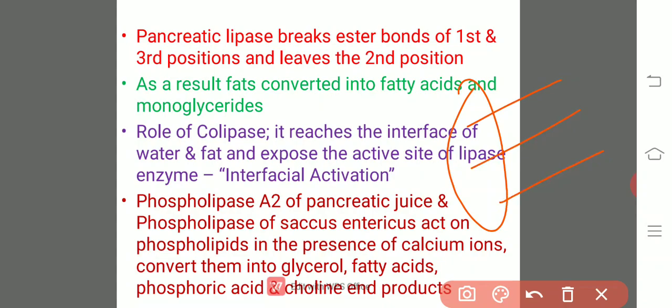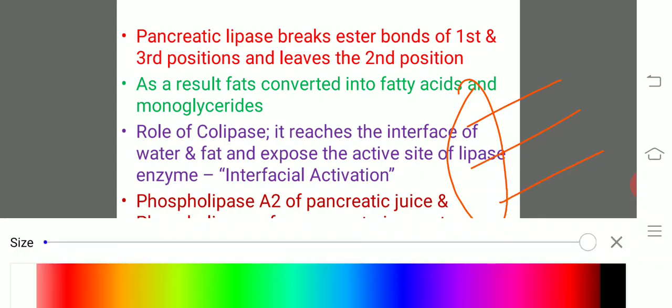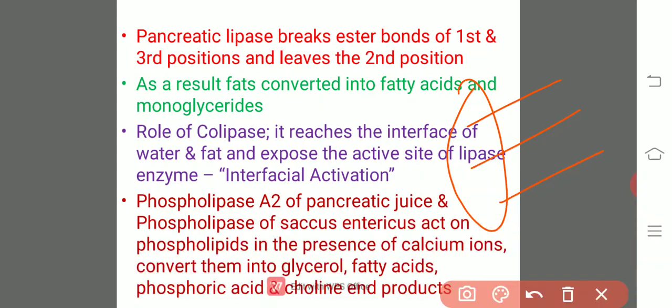The pancreatic lipase breaks the ester bonds of the first and third positions. See, this is the first position and this is the third position. Here it breaks. As a result, 2 fatty acid chains are released, and glycerol with 1 fatty acid, a monoglyceride, is left.